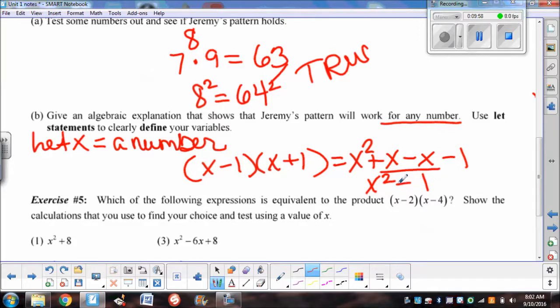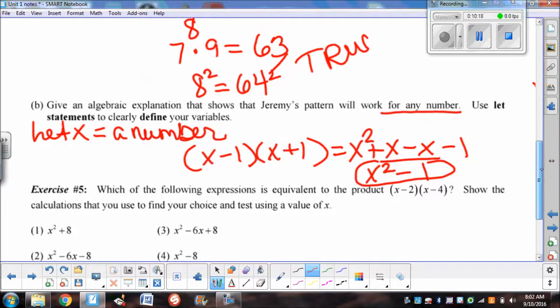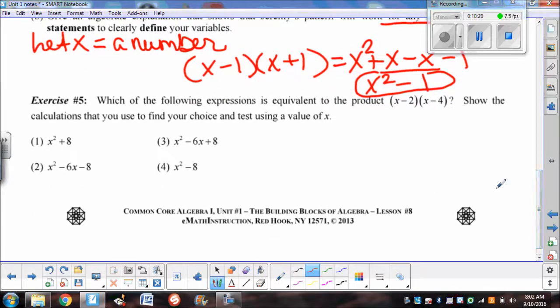You're like, where's the connection? Didn't we say back up here when we multiplied our two numbers, the result is 1 less than the square of that number? So isn't x squared minus 1 one less than the square of our number? That's pretty cool. All right, I'm going to let you do number 5 and come to class with that.